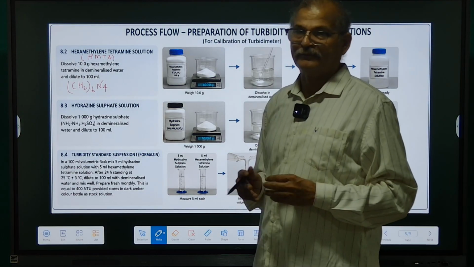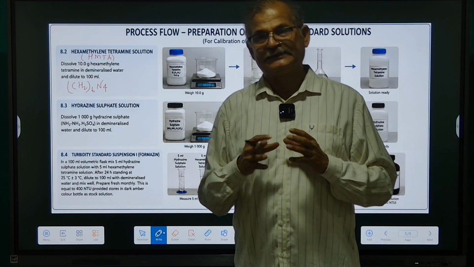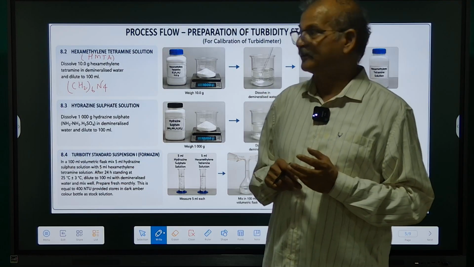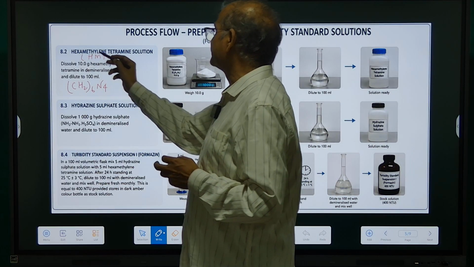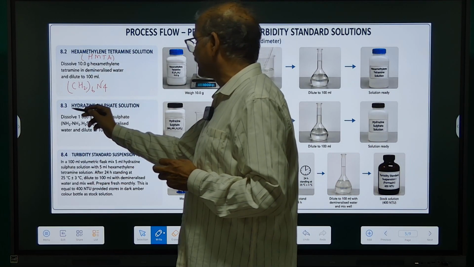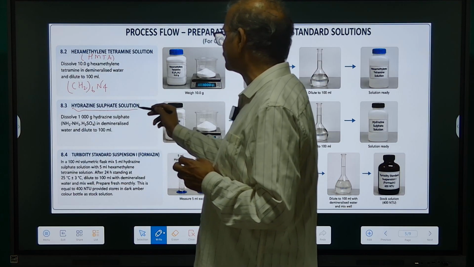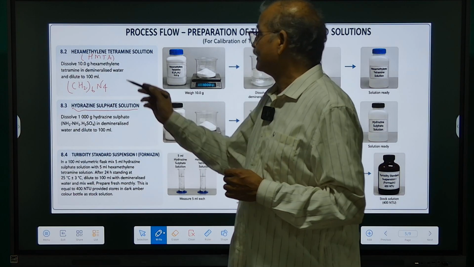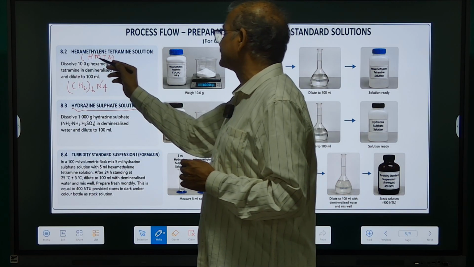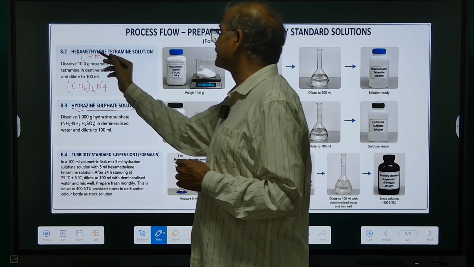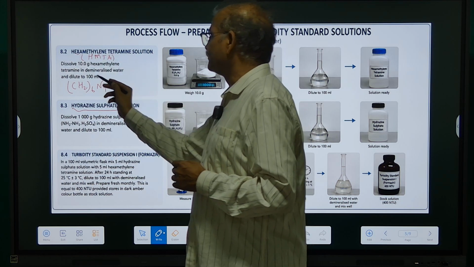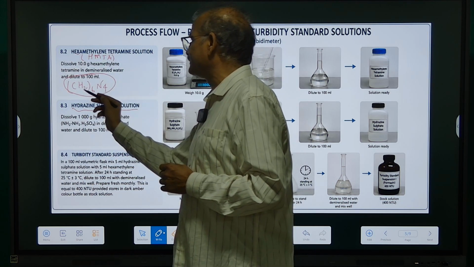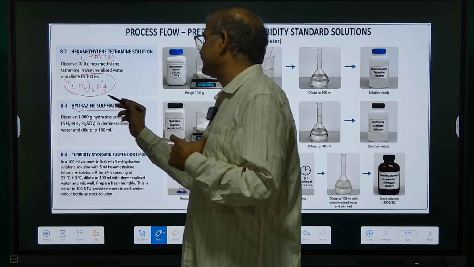Here we need to first prepare the standard sample. For the standard sample, we take HMTA, hexamethylene tetramine solution, and we prepare hydrazine sulfate solution. To prepare the hexamethylene tetramine solution, the chemical formula is C6H12N4.